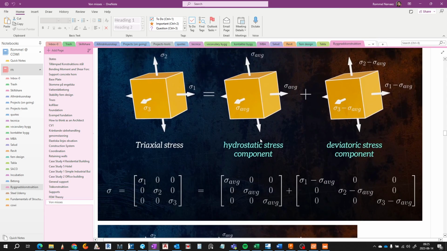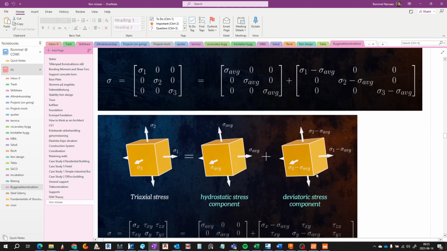I would like to focus on this matrix here, the principal stresses decomposed into the hydrostatic plus the shape part. We have a deviatoric stress component, which accounts for the shape distortion. We need to erase, or to subtract, that's the correct word, the hydrostatic stress.